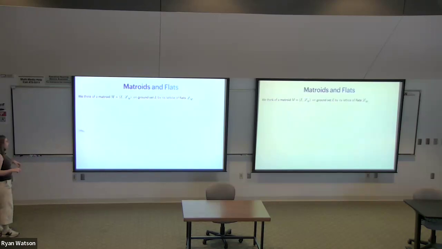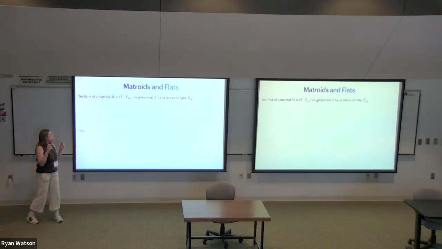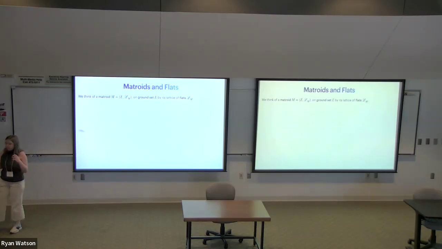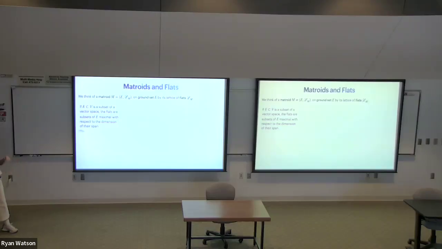So when I'm talking about a matroid, I'm thinking of a combinatorial structure that is defined on a ground set E, which is just some finite set, and it's defined by its lattice of flats. A flat is a subset of the ground set that has some sort of closure. If my ground set is a set of vectors, then flats are subsets of that ground set that are maximal with respect to the dimension of the span.